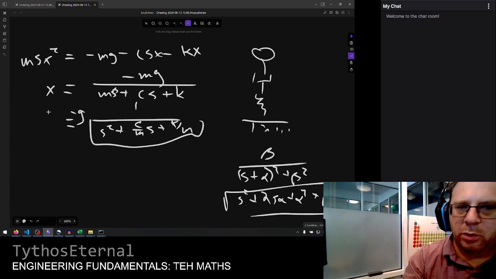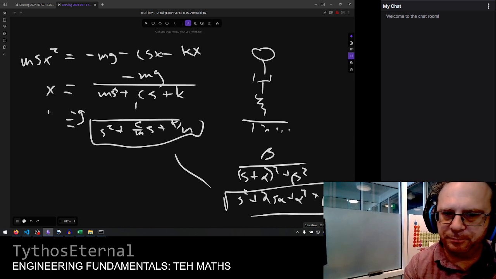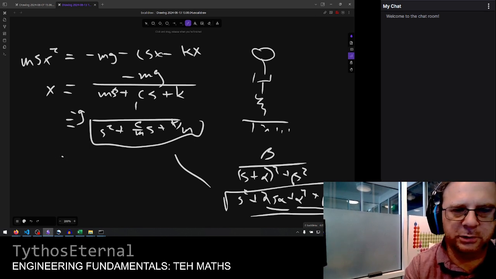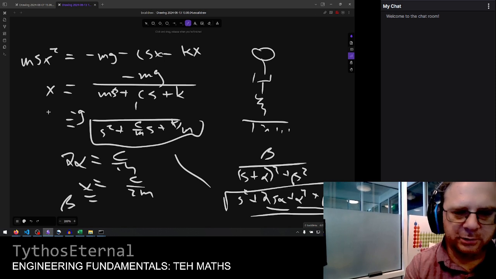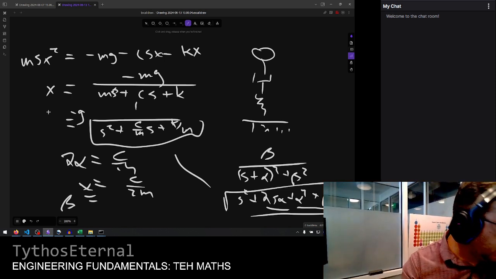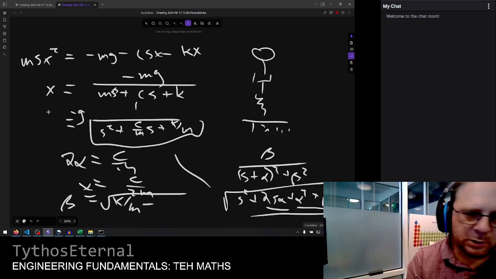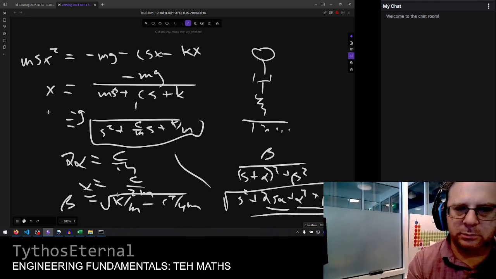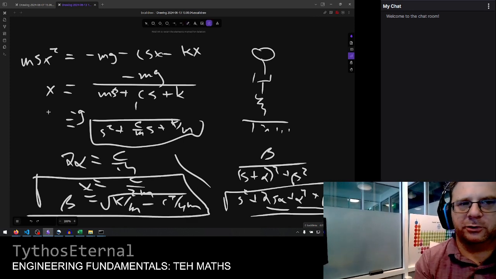Map that to this form and conclude that these are the first order terms and this is the second order term, so 2 alpha equals c over m, alpha equals c over 2m, and then beta, as a spoiler alert, is the one I was trying to remember earlier, c squared over 4m. Given this knowledge, these are the key insights into the system.